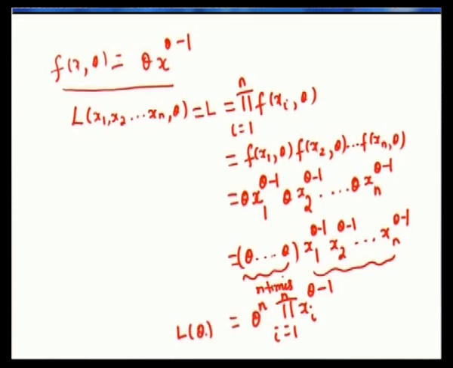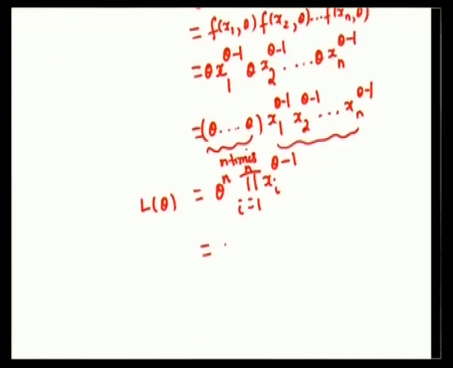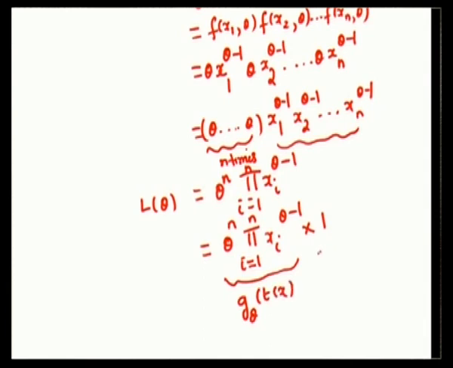Okay, now I have to find a sufficient estimator for theta. So how to find the sufficient estimator? Now I am going to introduce the concept of the factorization theorem, where I can write this as theta power n, product of xi to the power theta minus 1, i equal to 1 to n, into 1, where this term is nothing but g theta of T of x, and this I can write as h of x.